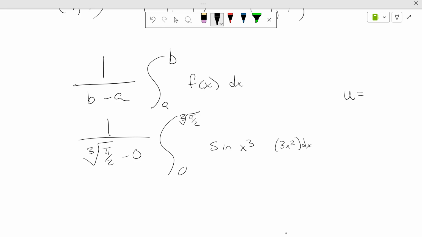Well, we use u to say u equals x cubed, so du equals 3x squared dx. Hey, I've got that going on. So really, this is the integral from 0 to the cube root of pi over 2 of the sine of u du.